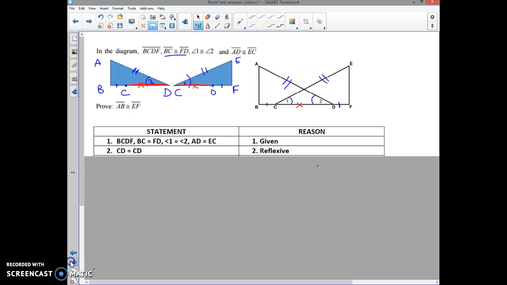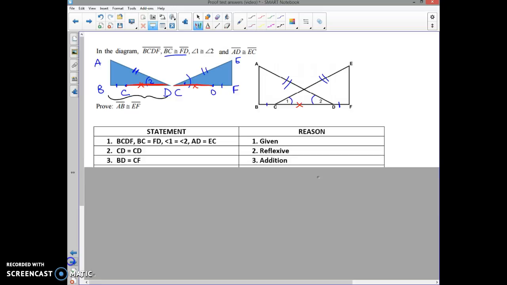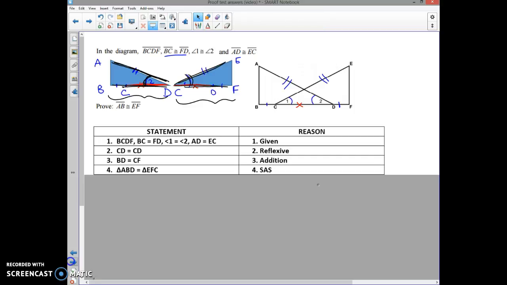Now you can come up with the fact that BD, if you take those 2 points and add them together, equals CF. If you look back for the first problem that we did, there are 5 ways to prove triangles are congruent. In this case, we have side, angle, side for both of these triangles, and therefore the triangles are equal.